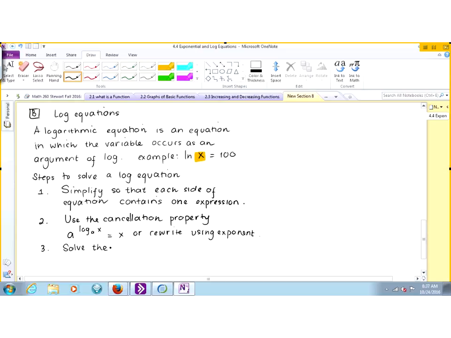3. Solve the resulting equation and check.